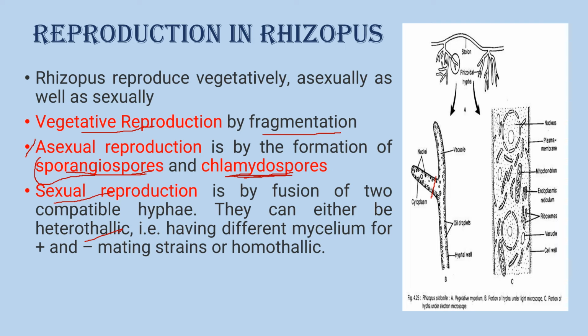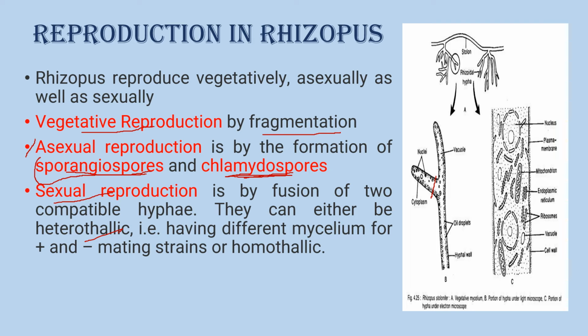I will be discussing all three types of reproduction in detail in the next few slides. In sexual reproduction, the hypha in most species of Rhizopus is of two types. They look morphologically similar, but genetically or physiologically they are different. Of these opposite strains, one is designated as the positive strain and the other is labeled as the negative strain.